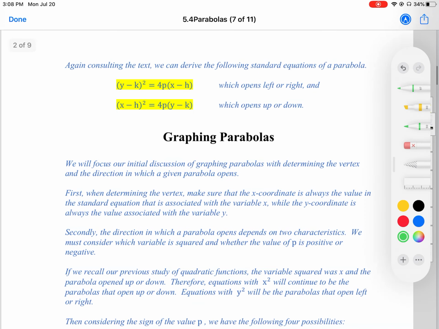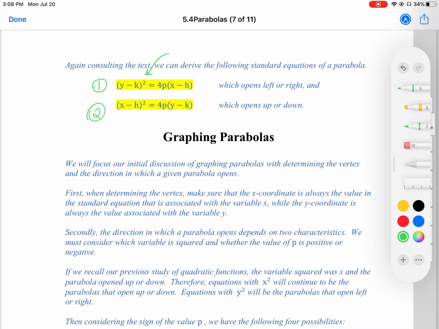Again, from our text, we can derive the following standard equations of a parabola. So the first one is y minus k squared equals 4p times x minus h, and that opens left or right. We know it opens left or right because the one that's being squared is the y.